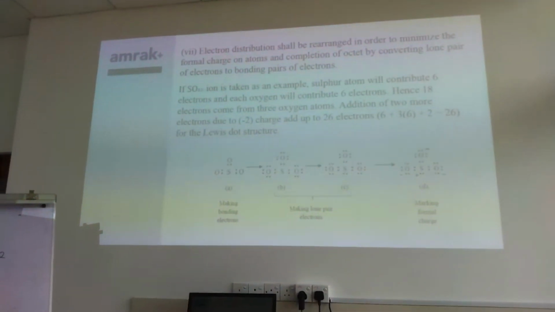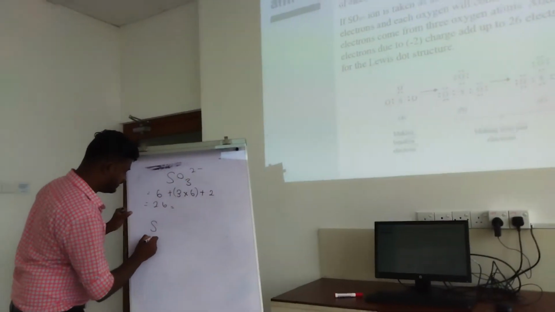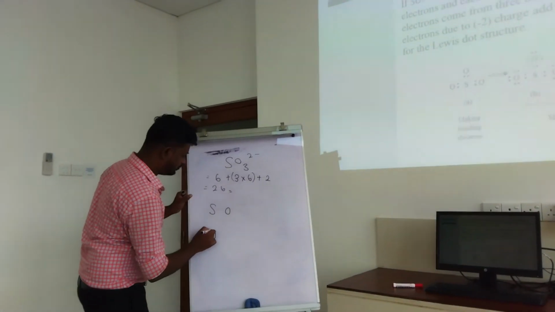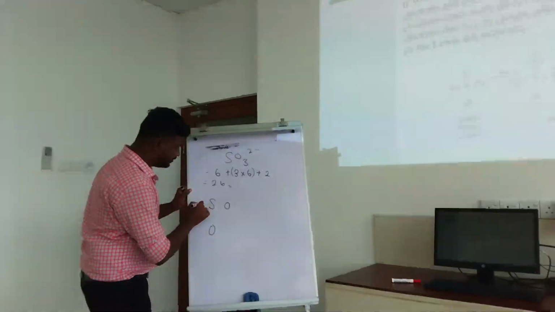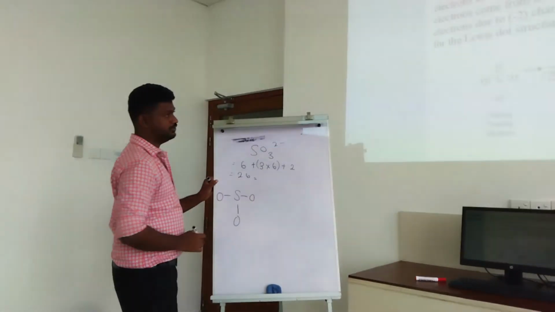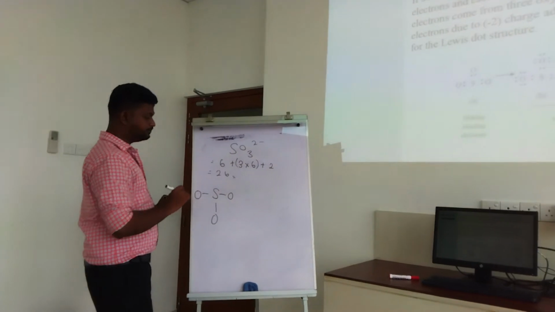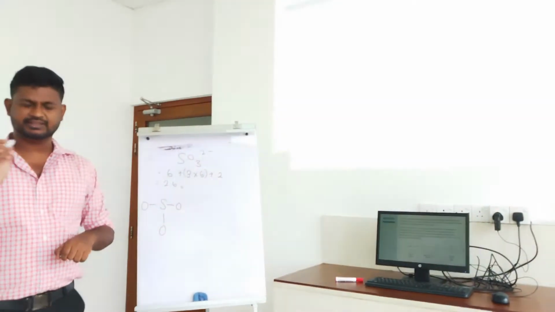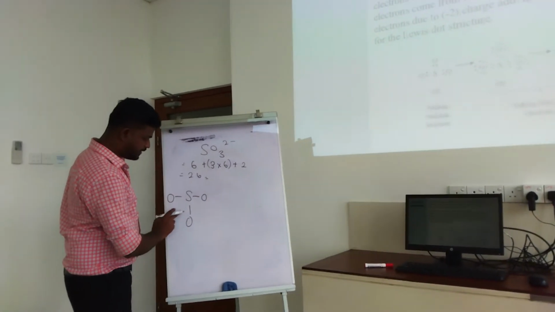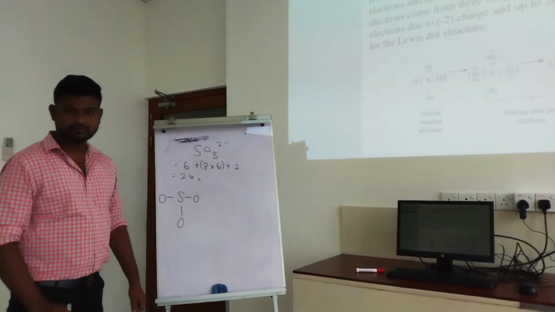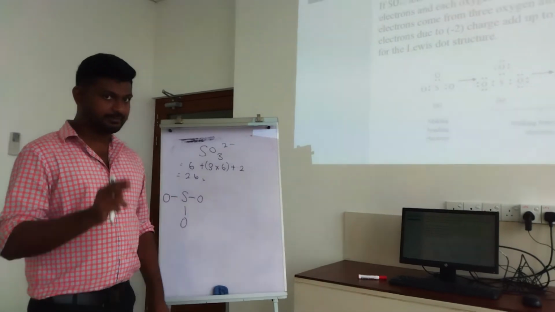So S, O, O, O. There are 3 oxygens. First you put the bonds. Now you have to check the remaining number of electrons. Of the 26, 6 electrons are bonded, 3 pairs of single bonds, so you remove 6 electrons.